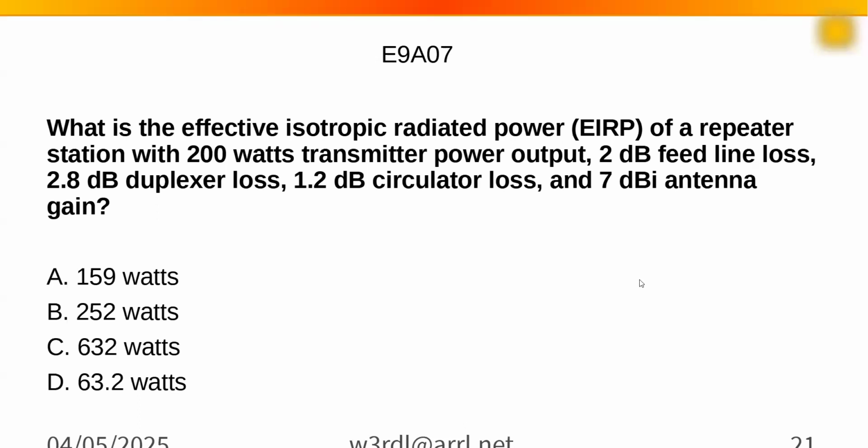I came up with 1 dB. Is that what you got? Alpha. Yeah.